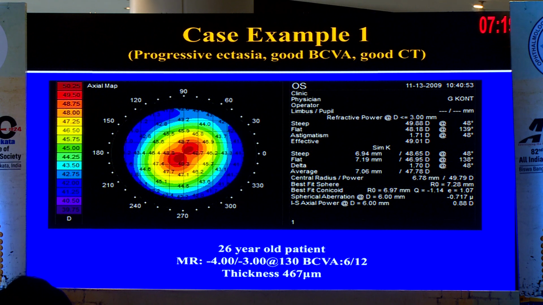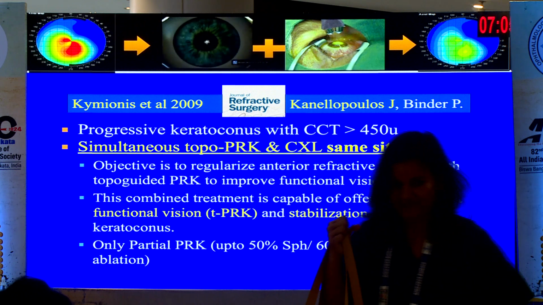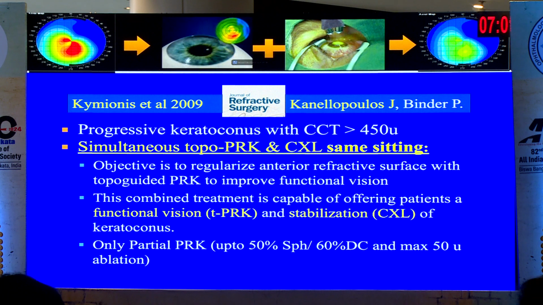So let's look at this 26-year-old patient who had a moderate myopic astigmatism and a best corrected visual acuity of 6/12, had keratoconus which was progressing, with a thickness of 463 microns. We had already seen that when you're doing collagen cross-linkage, you are not actually addressing the component of irregular astigmatism.